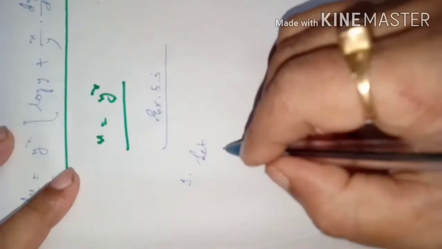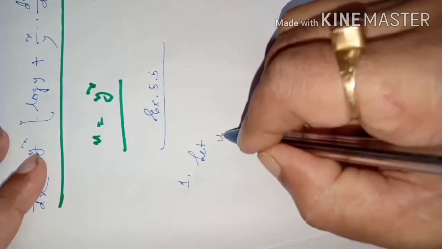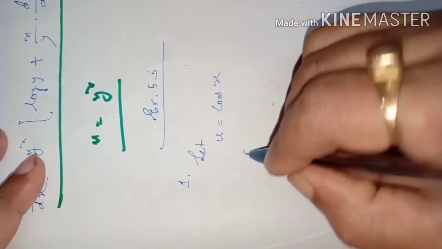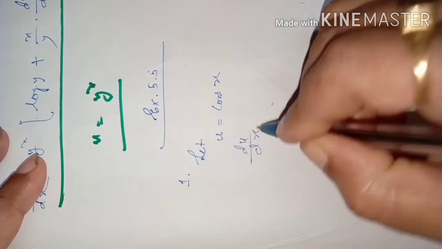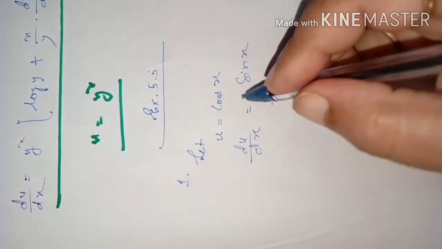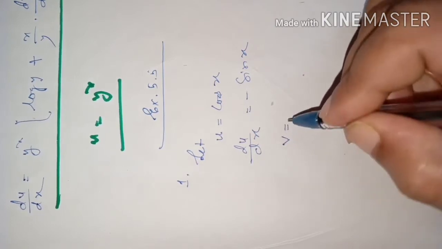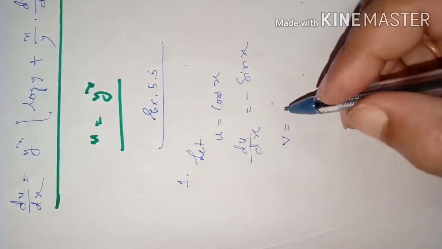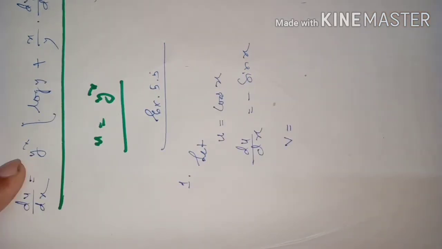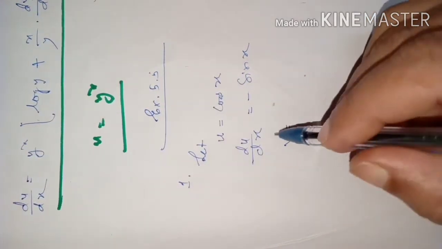I am considering it this way. Cos x I am considering as u. Let u be equal to cos x. Then du by dx you find is equal to minus sin x. Then let v be cos 2x.